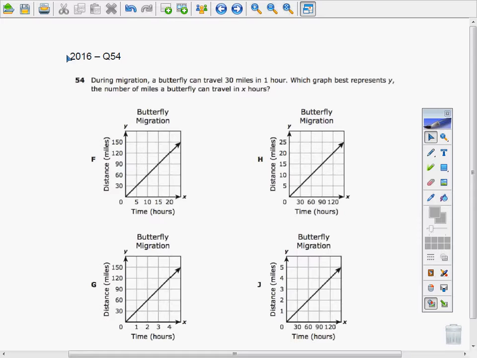During a migration, a butterfly can travel 30 miles in 1 hour. Which graph best represents y, the number of miles a butterfly can travel in x hours? So let's place here 30 miles for 1 hour.